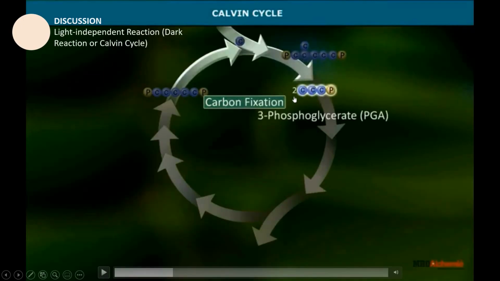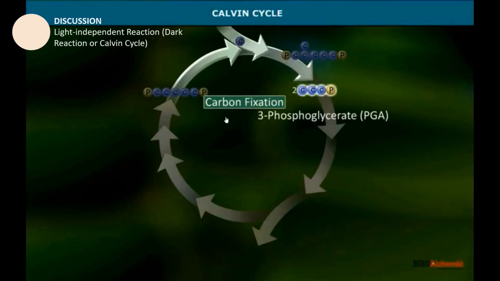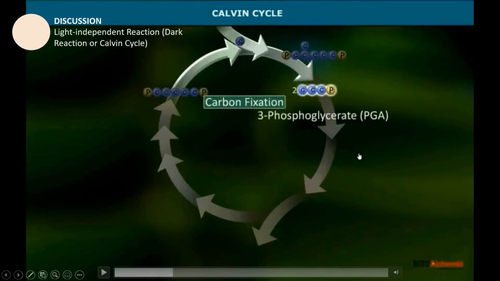Ngayon, meron tayong dalawang piraso ng 3-phosphoglycerate, which is also known as PGA. So, ilang piraso ulit? Dalawa. Okay, so ilang carbon dioxide ulit ang ginamit natin for this first part? Isa lang. Okay, so we were able to produce dalawang piraso ng 3-phosphoglycerate or PGA.